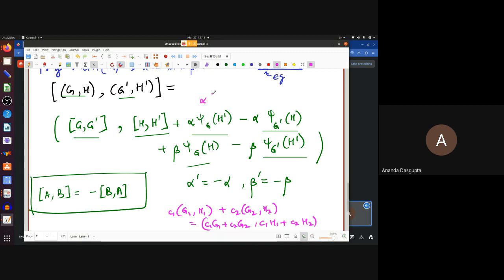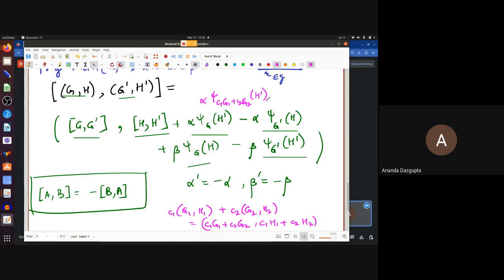This term becomes alpha psi of C1 G1 plus C2 G2, H prime, right? We wanted to produce a nice linear combination. That is, I wanted to produce C1 times alpha psi G1 H prime plus C2 times alpha psi G2 H prime.